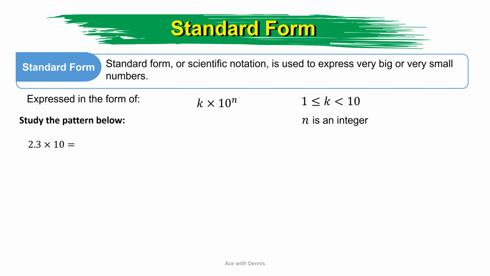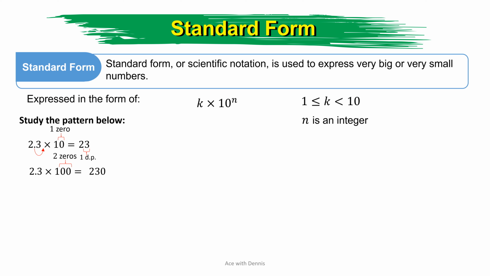2.3 times 10, we know that it is equal to 23. So with 10, there is 1 zero here, which means we need to move the decimal point for 1 decimal place. And there's the answer, 23. Similarly, 2.3 times 100, we know that the answer is 230.